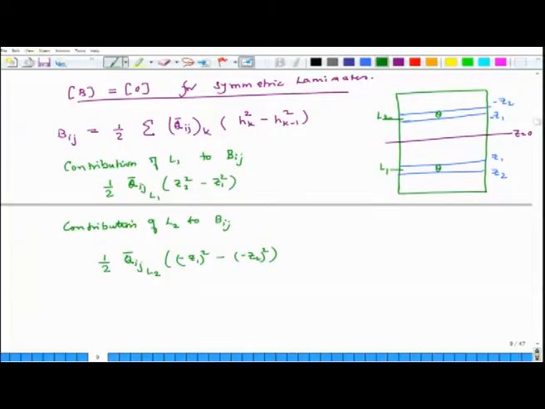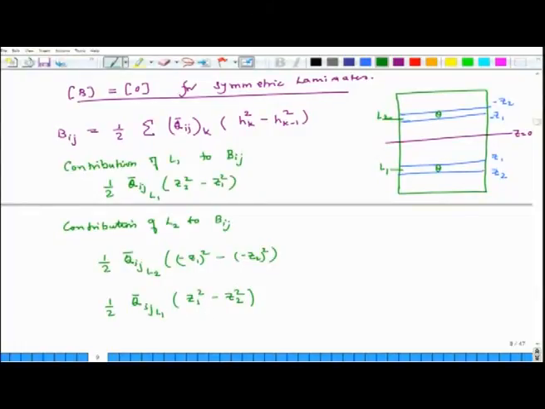So, this is equal to half, and because the material is same, L1 and L2, Qij L1 is same as Qij L2. So, I can just call it Qij L1, and in the parenthesis I am left with Z1 square minus Z2 square. What we see is that the contribution of L1 is just the negative of the contribution of L2.